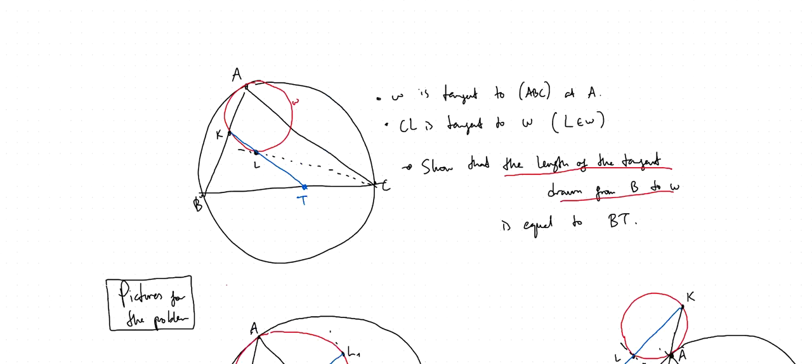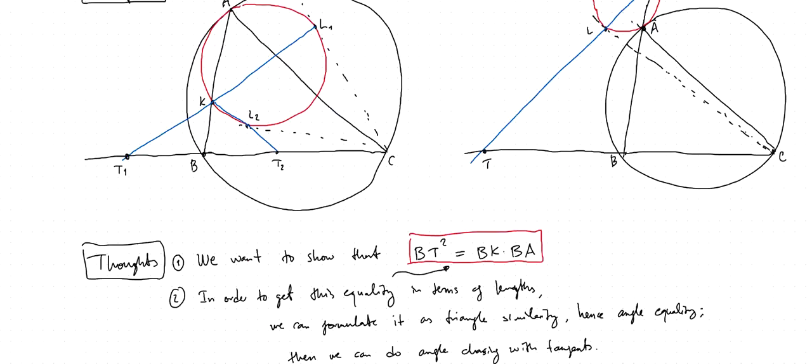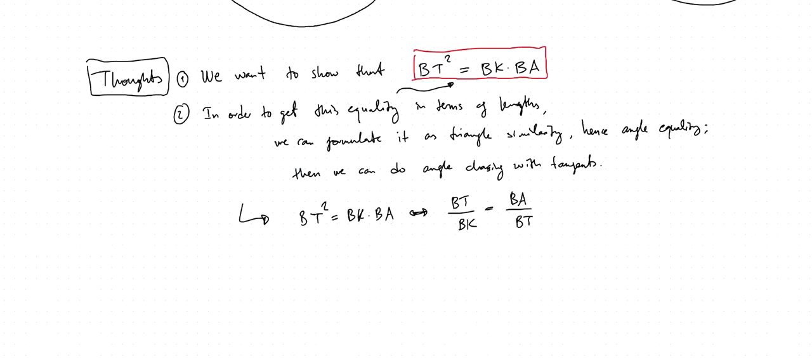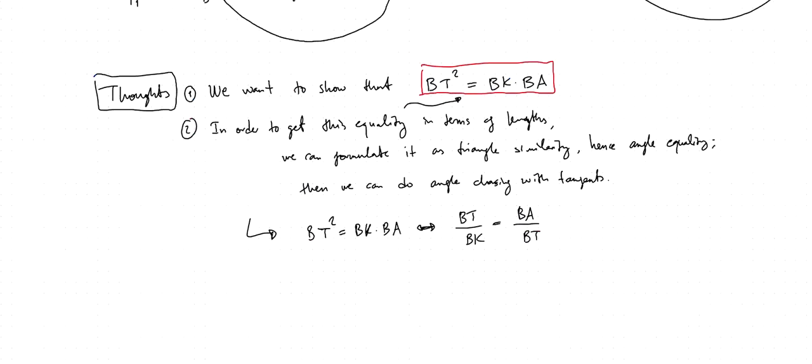I can try to write length ratios in these triangles. The lengths that appear here are BT, BK, BA. So obviously the length ratios are BT over BK and BA over BT, and this is precisely the equality.